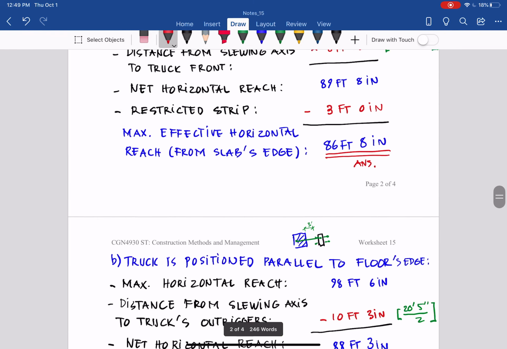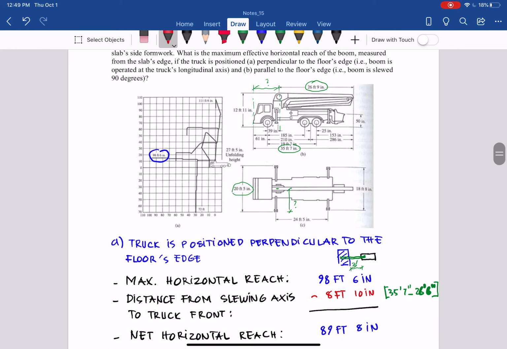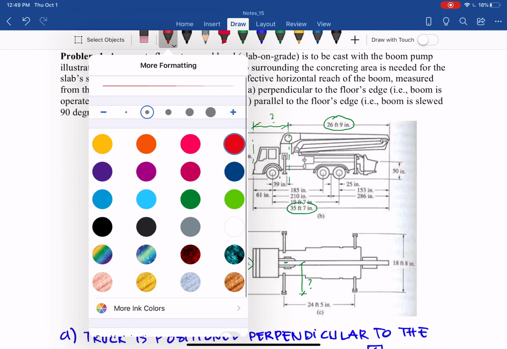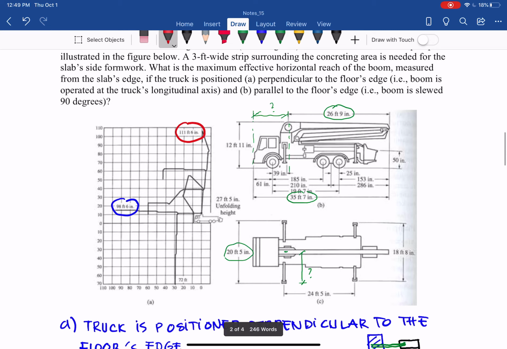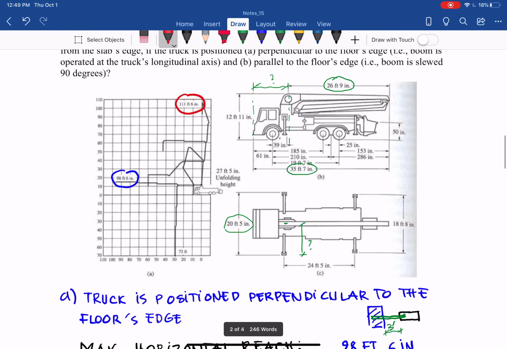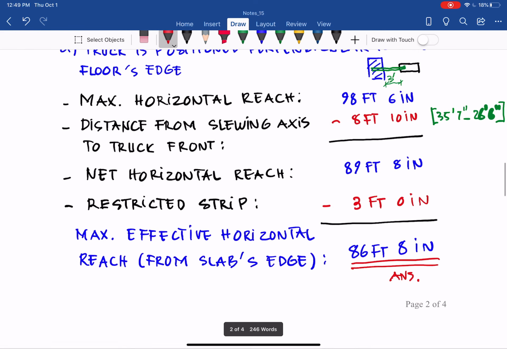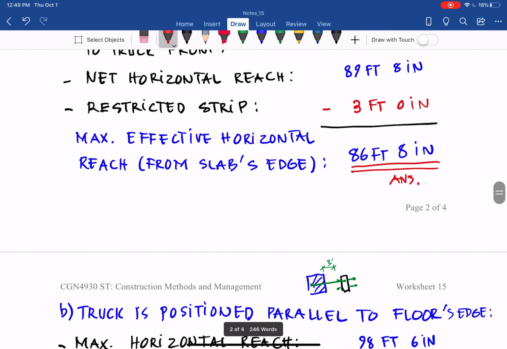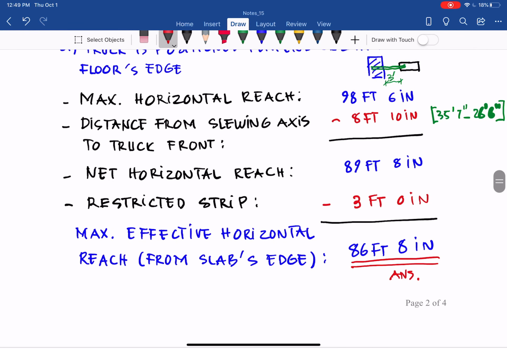But the bottom line here is that the boom length of this truck is 111 feet 6 inches. That is the maximum boom length we have. And the effective reach in this case is only a maximum of 86 feet 8 inches, which compared to the maximum boom length is about 30% less.